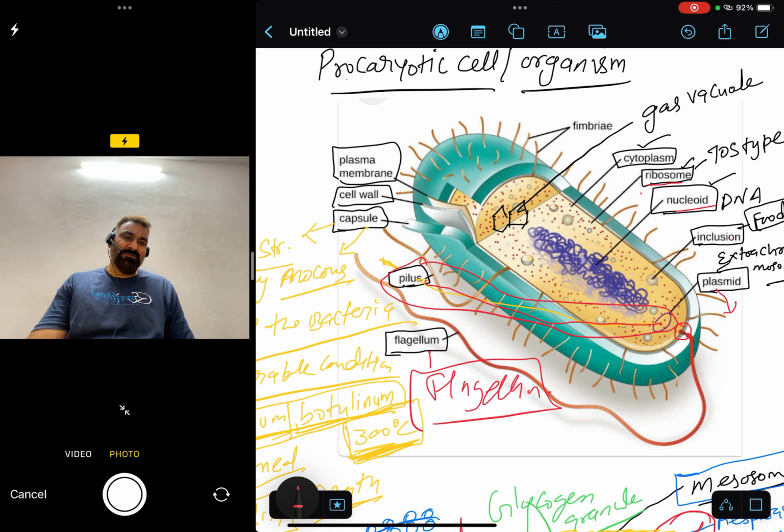Ribosome is 70S type, which acts as a protein factory for this bacteria and produces protein. Polyribosome: the ribosomes are in the active form producing protein. Cytoplasm is the liquid filling the inside of the cell. Gas vacuole helps in buoyancy in water and air. Cell membrane is made up of proteins and lipids and some carbohydrates, known as glycoproteins and glycolipids. Cell wall is made up of murein or peptidoglycan.